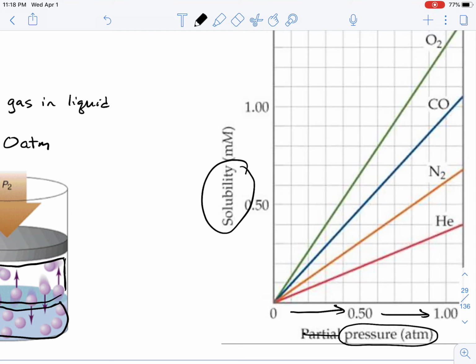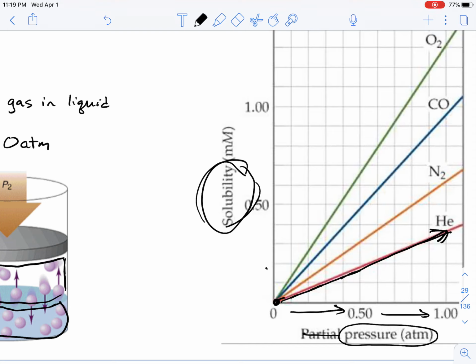And so if we're following, for example, helium, at 0 atmosphere, it has 0 solubility. However, if we increase the pressure, notice how the slope increases. And so since there's an increase in the slope, there's also an increase in the solubility.